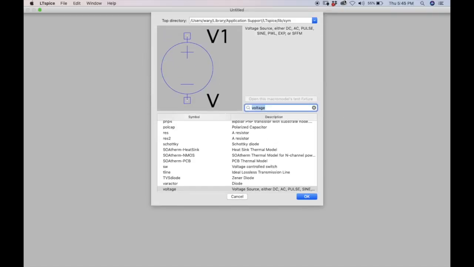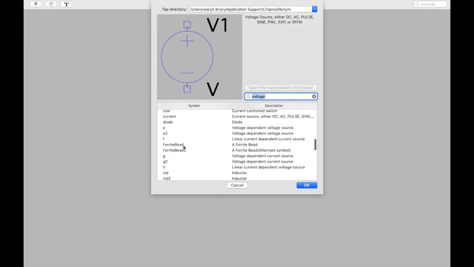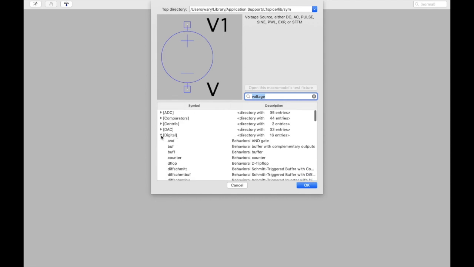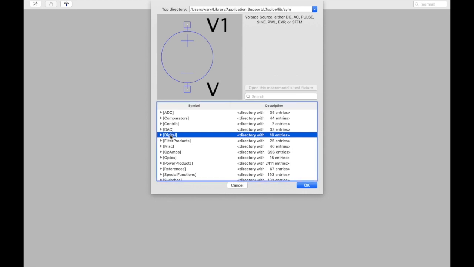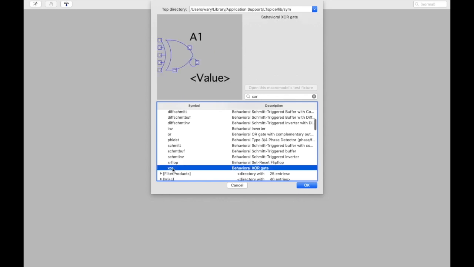So to do that, let's first draw our XOR. Right click and go to Draft, Component, and here you can search for the digital circuits. We want to go for an XOR, or you can simply type XOR here as well.